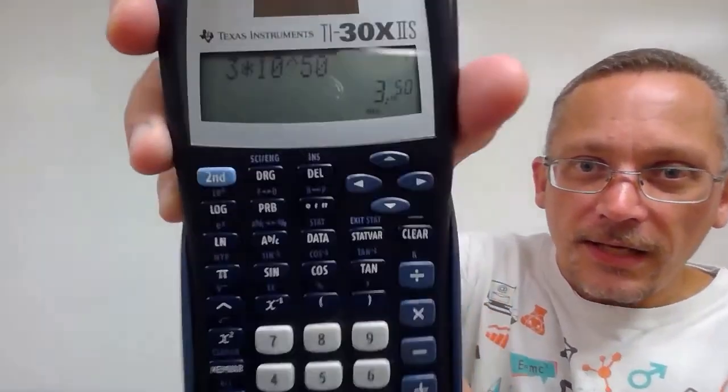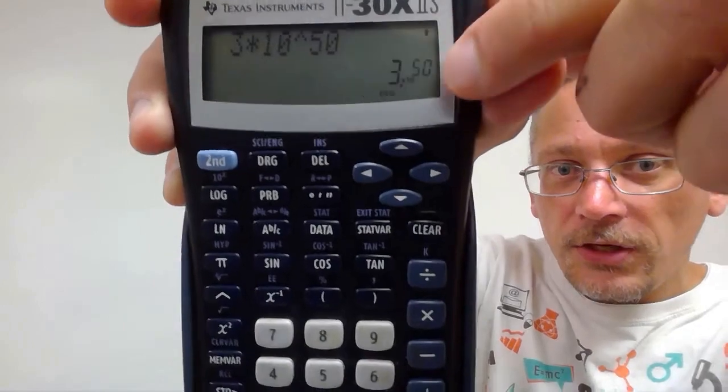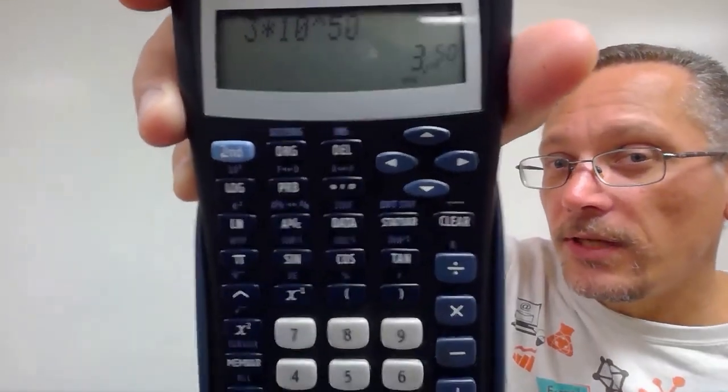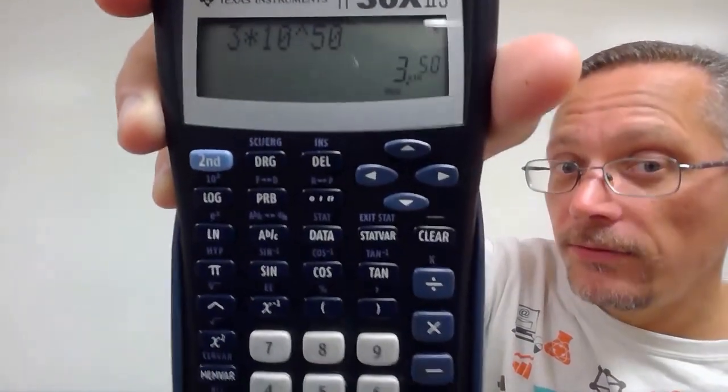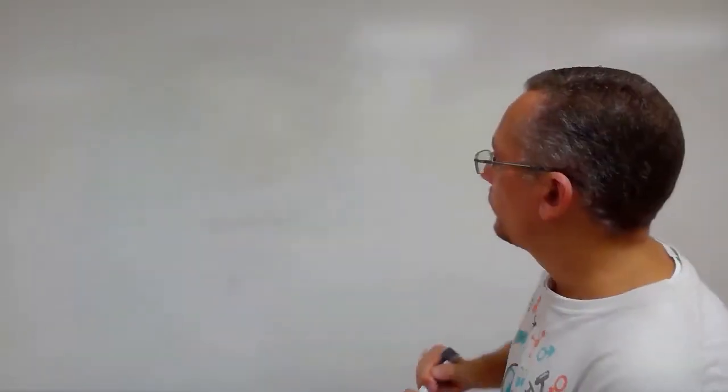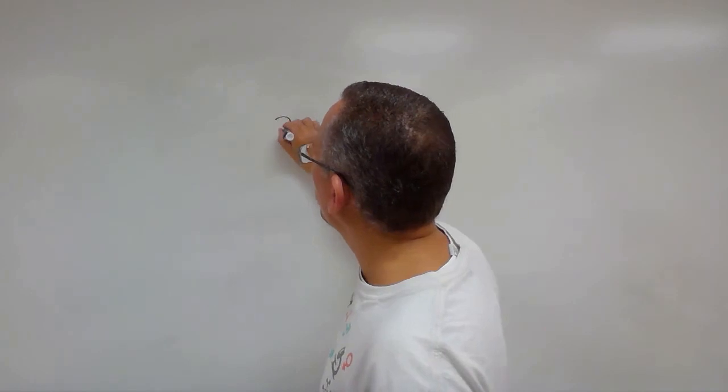But on some other calculators, particularly some of the fancier calculators, you won't see that times 10 on there. Instead, they'll have that replaced with just an E. So instead of saying 3 times 10 to the 50, it'll say 3E 50.